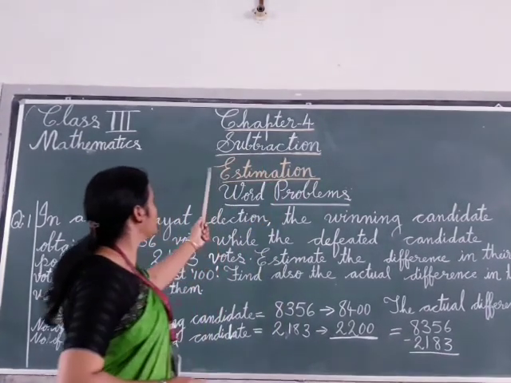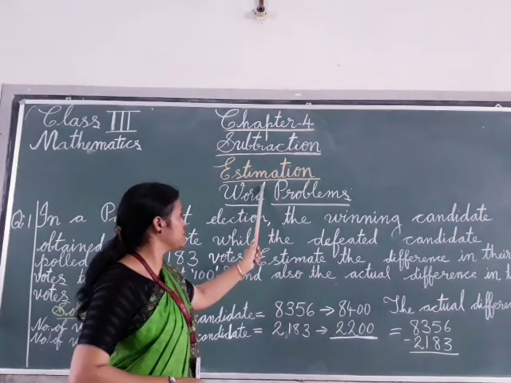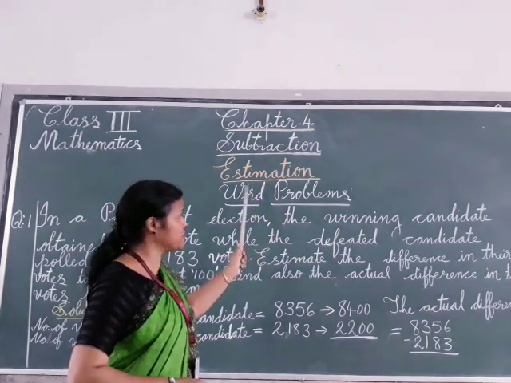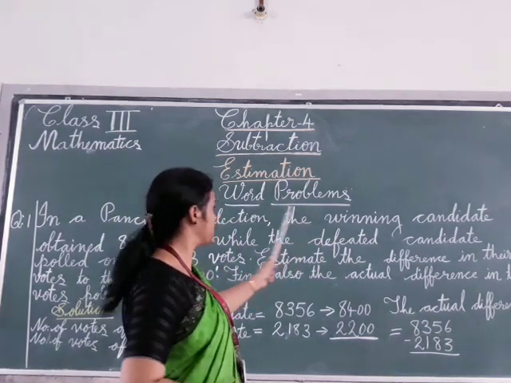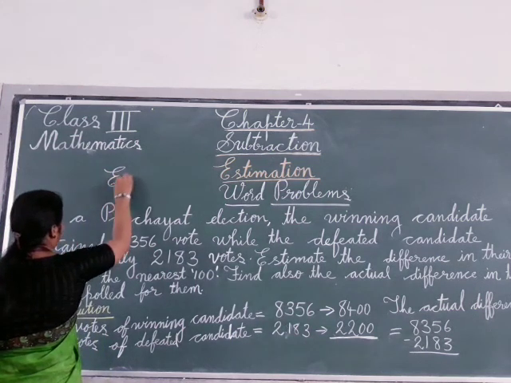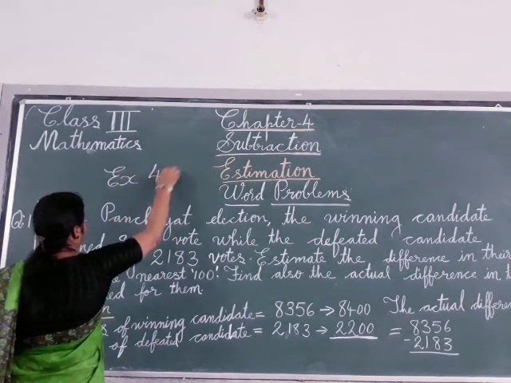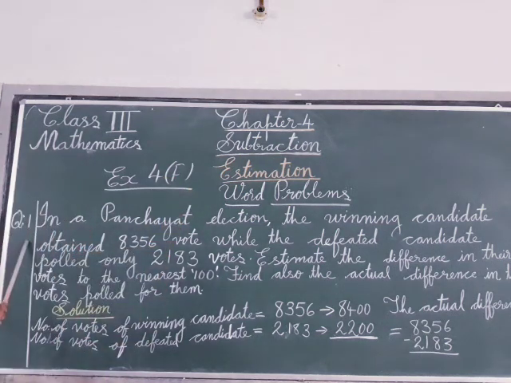Now here we have chapter 4, subtraction. The topic is estimation. Under estimation, under that topic we are going to learn word problems. That is exercise 4F. Question number 1.